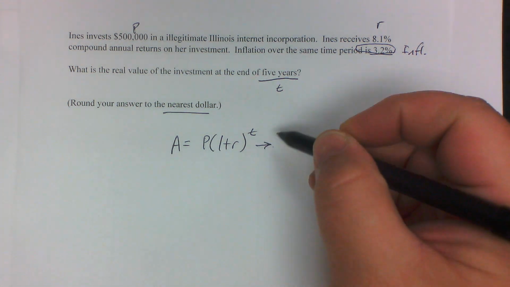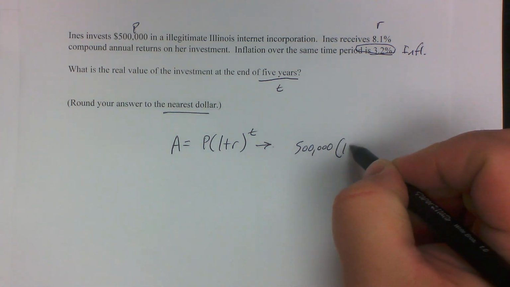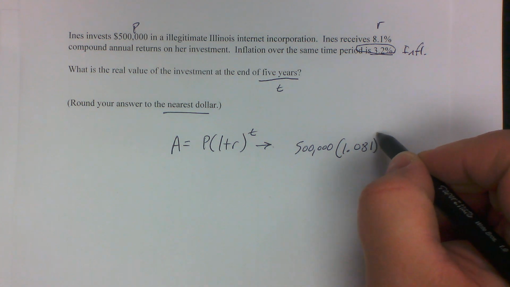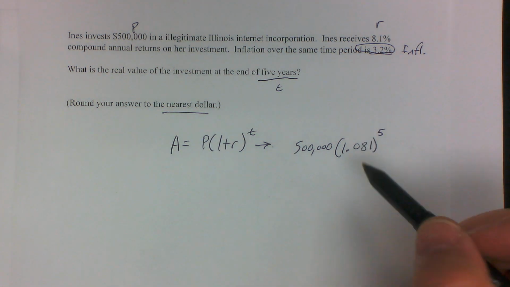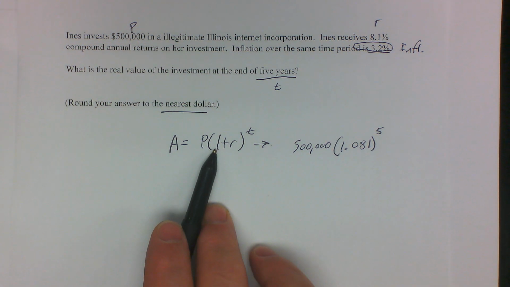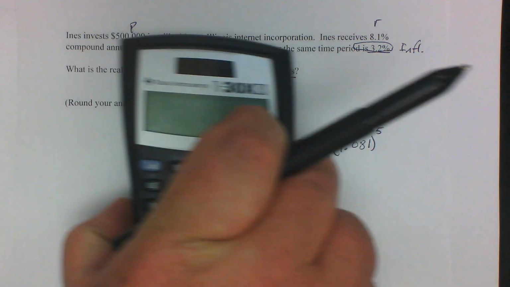So let's see, 500,000 times 1.081 to the power of 5. Now the reason it's 1.081 is we have 100% of this plus 0.081. See, the 1 stands for the 100% of the principal plus the interest, and then the number of years.